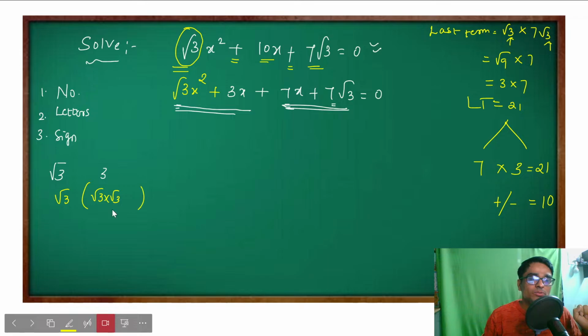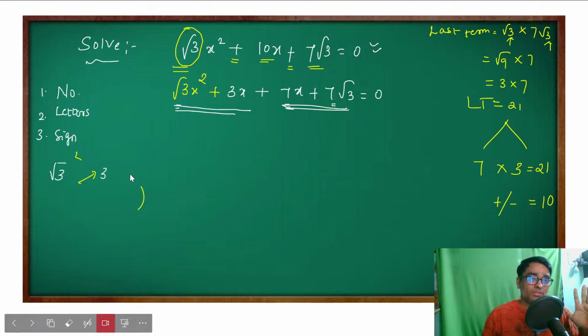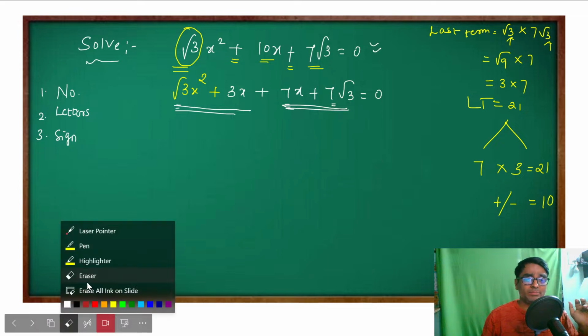So you can easily take root 3 common, not 3. If you take 3 common, then you are messing up again, because in the root 3 table 3 will come, but in the 3 table root 3 will not come. So the boss here is 3. Got it? Like this you need to check how to take numbers common.